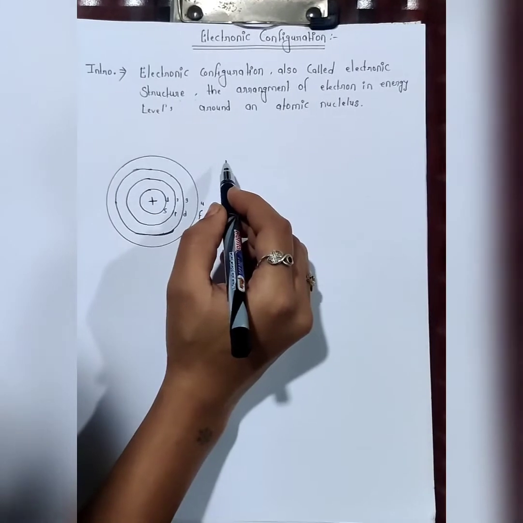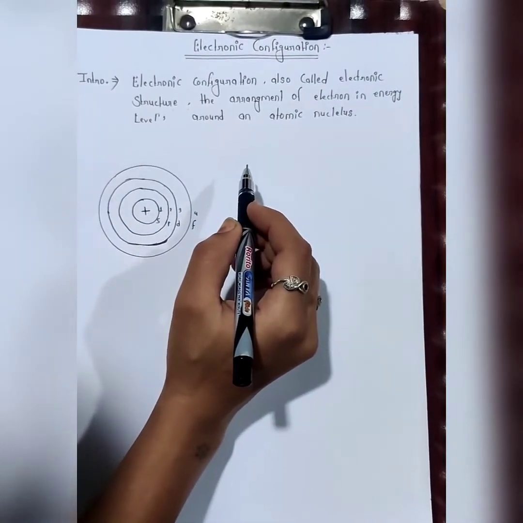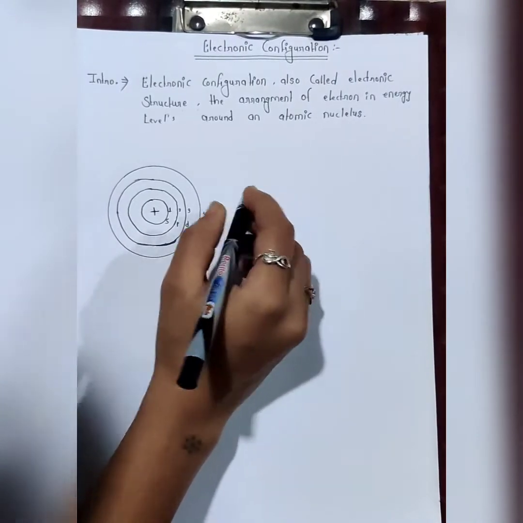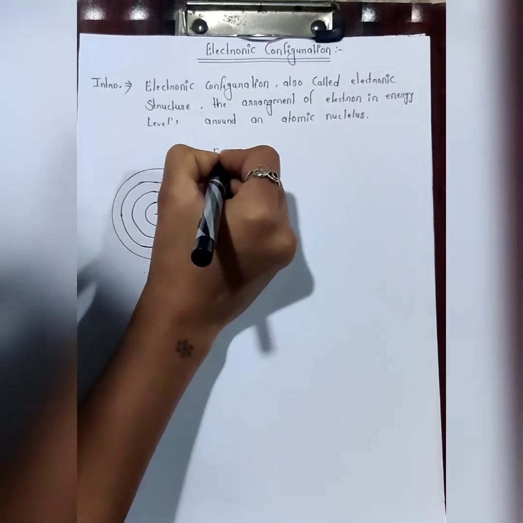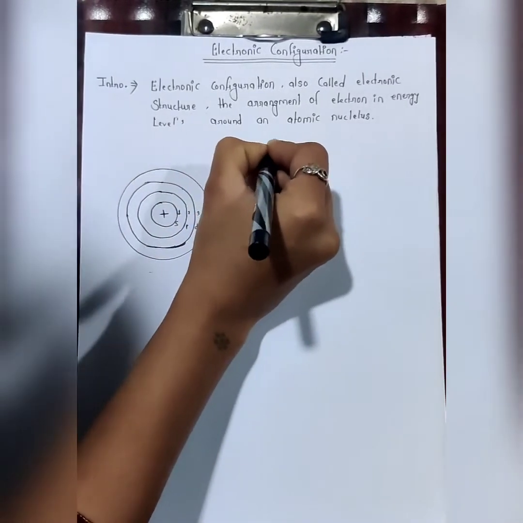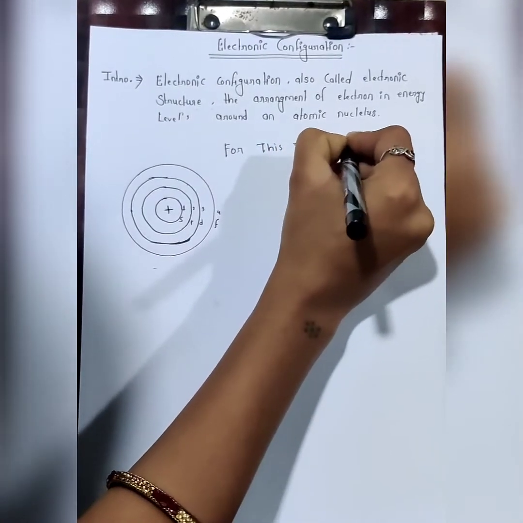The atomic number is known, so how will we know how the orbitals fill? For this, we have to know some rules.